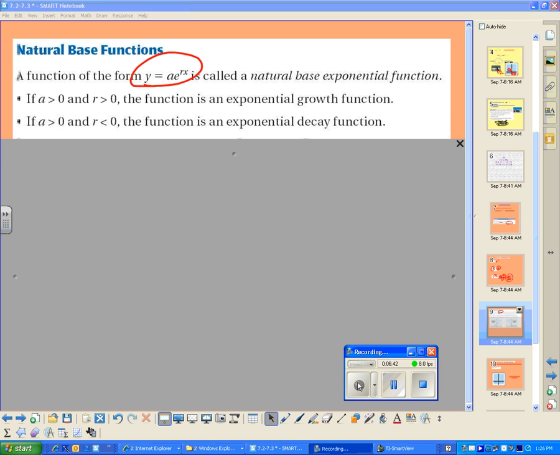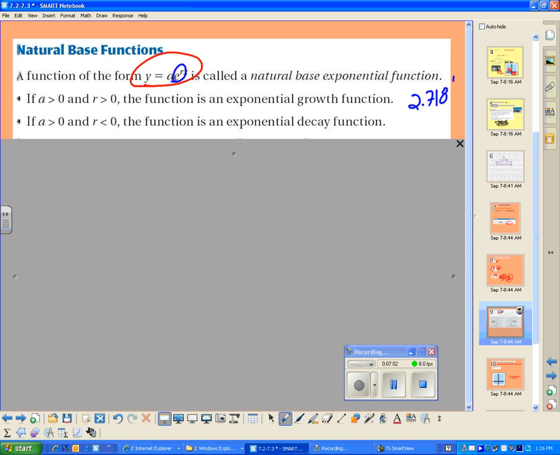Hopefully you're wondering why. If R is positive, it's growth, and negative, it's decay. So this part of the equation right there, the e to the r, that's just a number. E is that 2.718 number. If r is greater than 0, like 1, that's our b value.